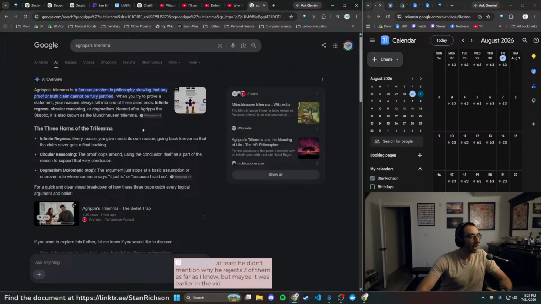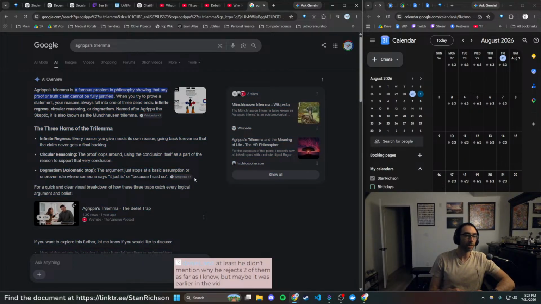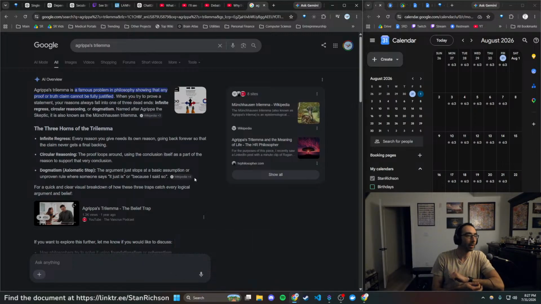So I would say that the reason you have a trilemma here is because you're already presupposing that there needs to be some formal, concrete logic to the truth, right? So there needs to be a deductive set of reasons that actually justify the truth. And that's where you're going to end up in a dead end of some sort.